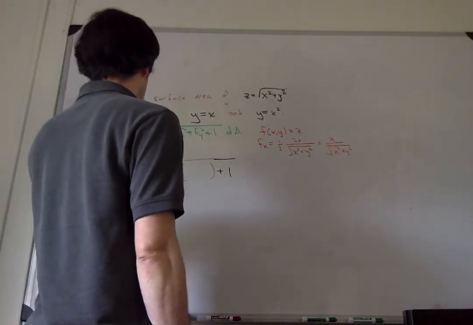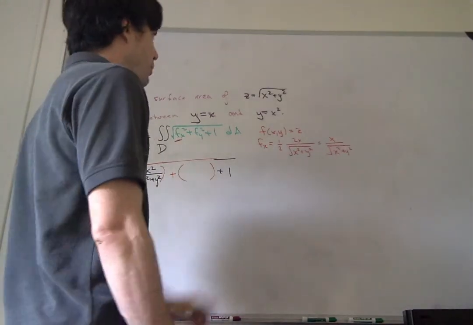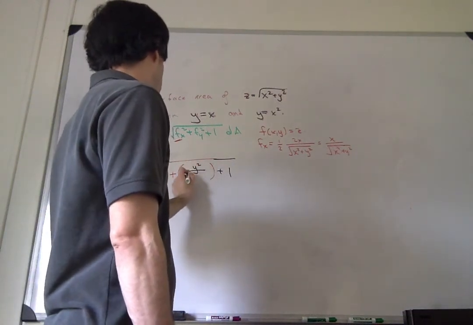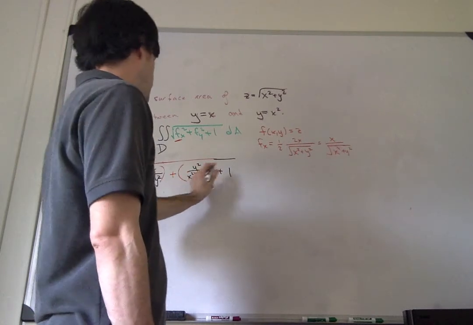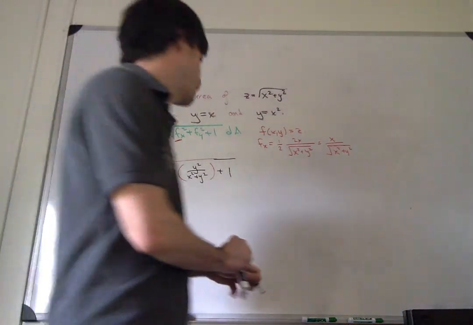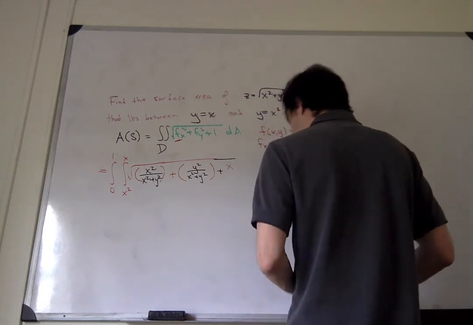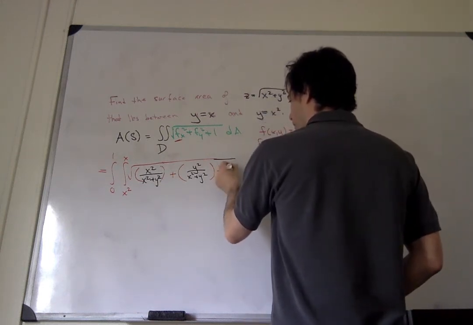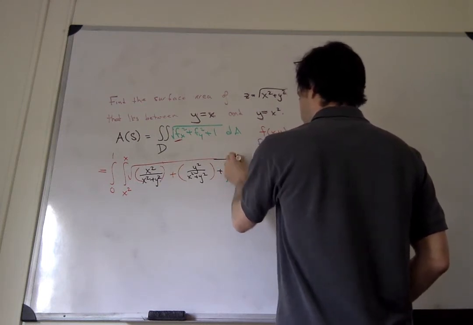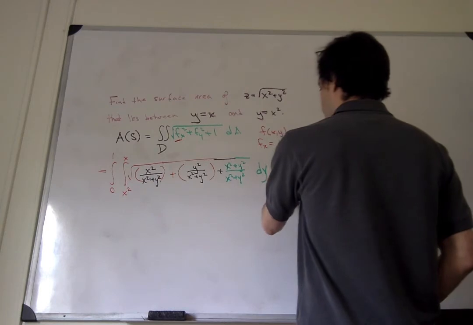So I should get x squared plus y squared, and then I'm going to do that again. As you can see by the symmetry, I'll just pick up a y up top. Now I have this 1. What is 1? 1 is just anything divided by that same thing. So I'm going to write this as x squared plus y squared over x squared plus y squared, dy dx, because we're first going up and down.